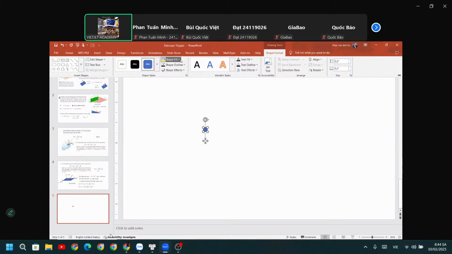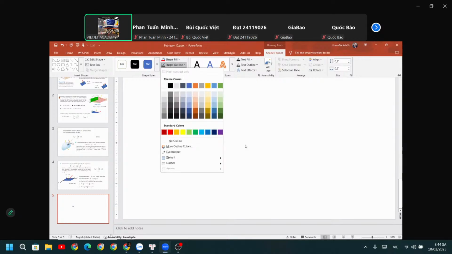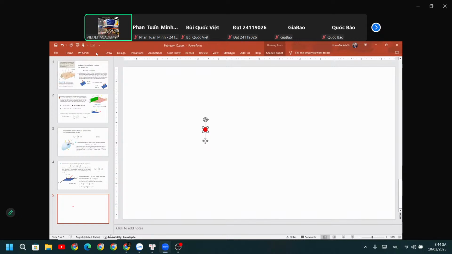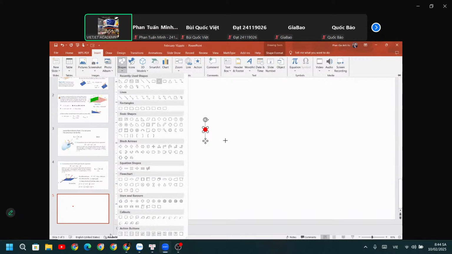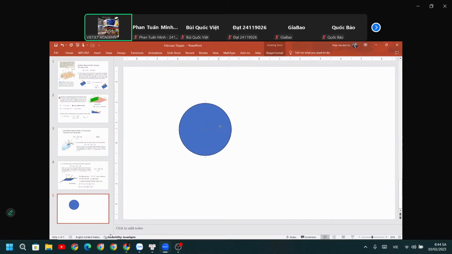So I draw it in red. Okay, and I would like to calculate the flux created by this charge through the sphere here.